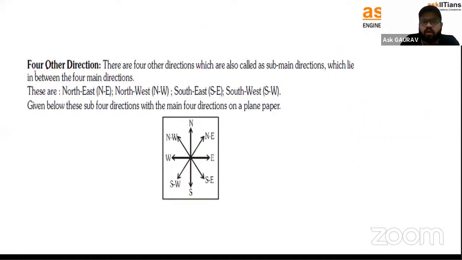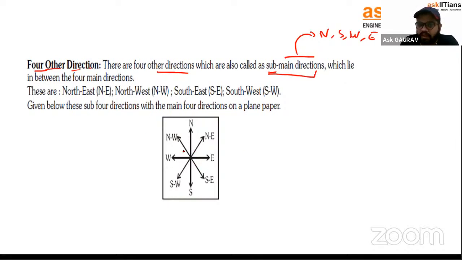There are four other directions which are also called sub-main directions, because your main directions are what? North, south, west, and east. Basically, the sub-main directions lie in between those main directions, right?